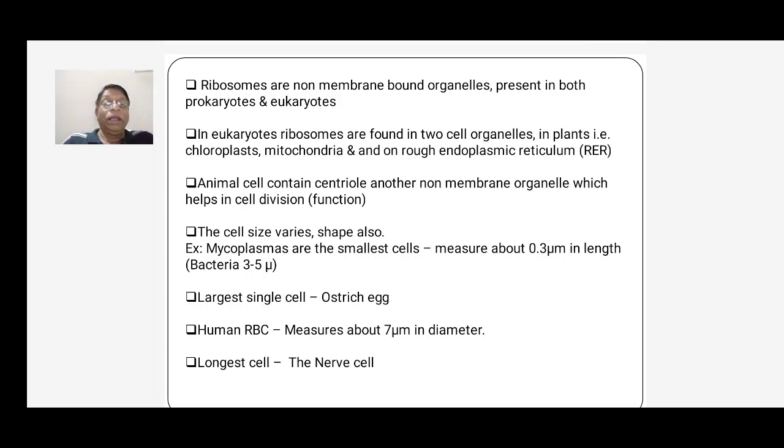Okay. The animal cell, in addition to these cell organelles, contains centriole, another non-membrane organelle, which helps in cell division.